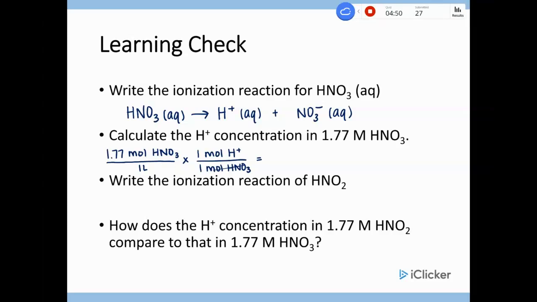And then cancel out moles of HNO3, and we get 1.77 moles of H plus per liter, or 1.77 molar H plus. We can do that for a strong acid or a strong base, which we'll talk about soon. Because it completely dissociates, we can't use that equation for weak acids and bases, because not all of the starting material becomes the product.